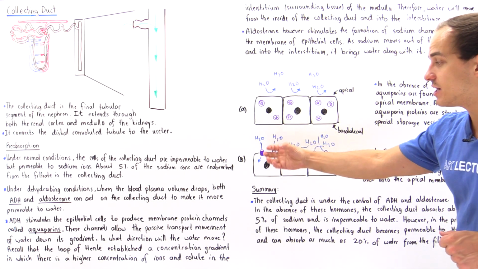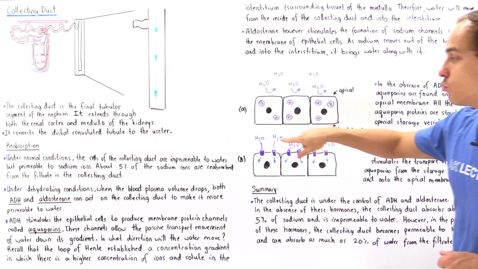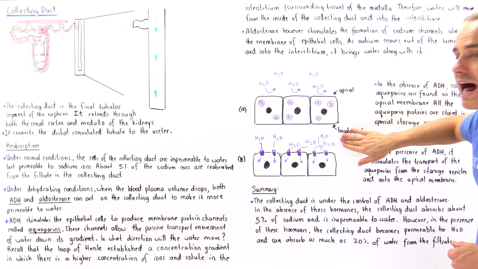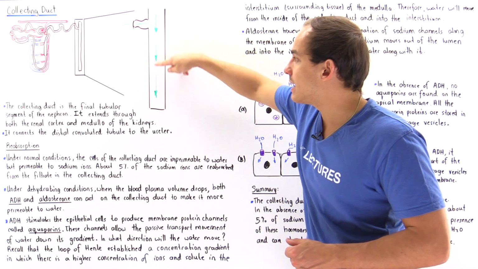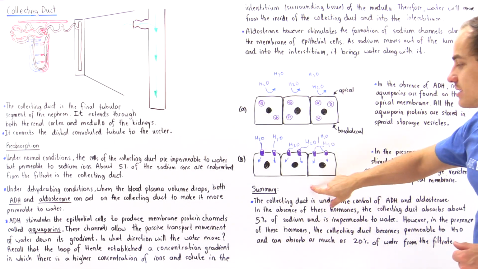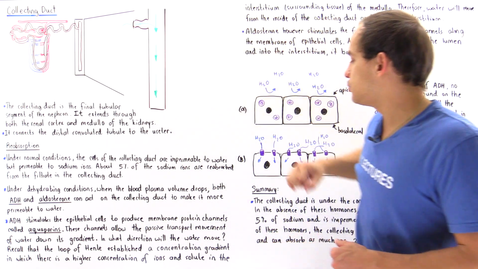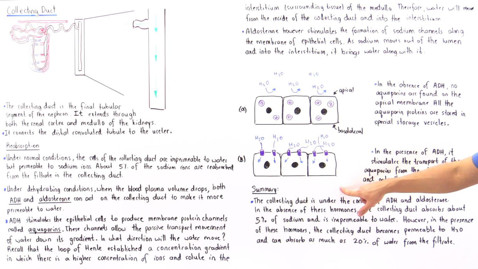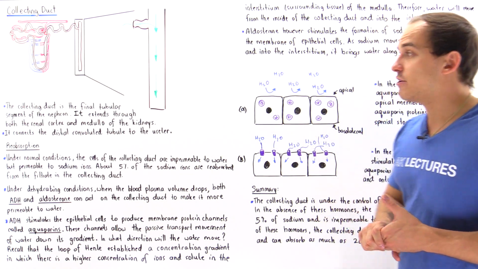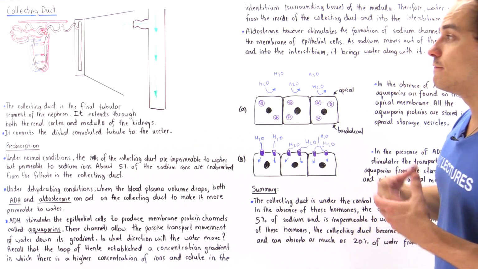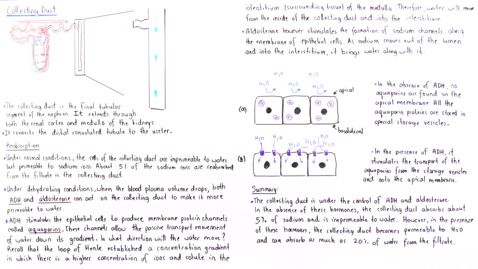And now, because we have these aquaporins, water can easily travel from a low solute concentration inside the lumen to the outside of our cell, on the other side, our surrounding tissue known as the interstitium. So this is the method by which ADH acts on our collecting duct and forces it to absorb more water.